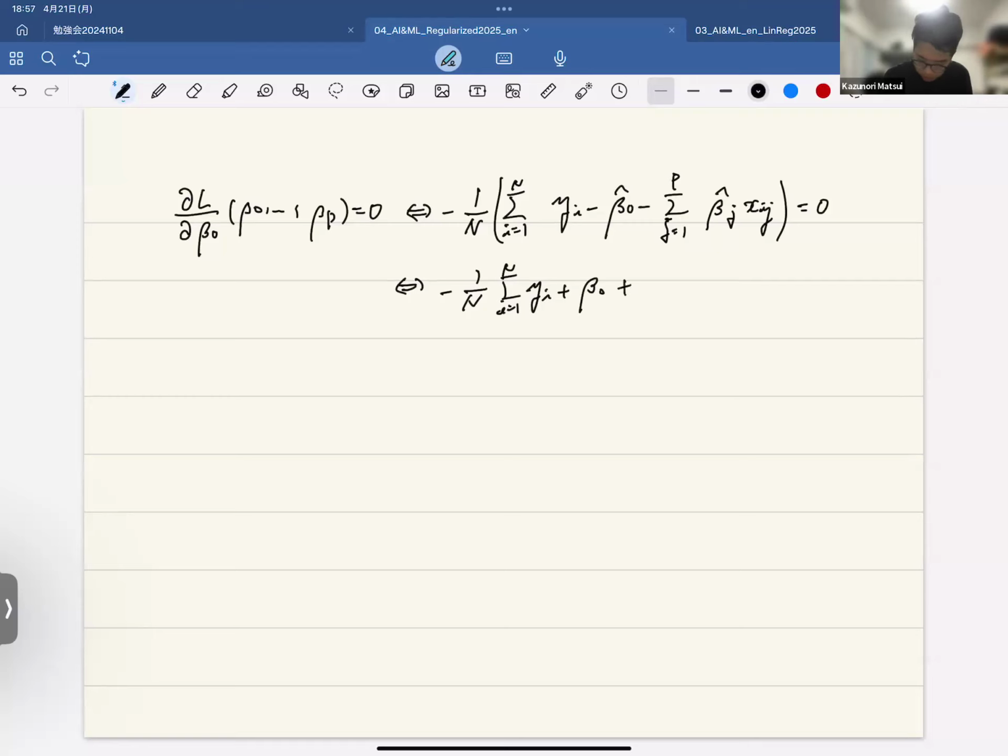And here we can exchange the order of summation for i and j.